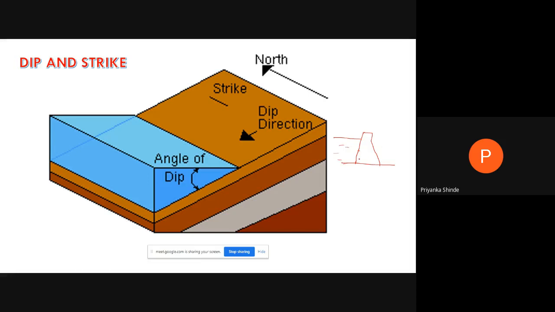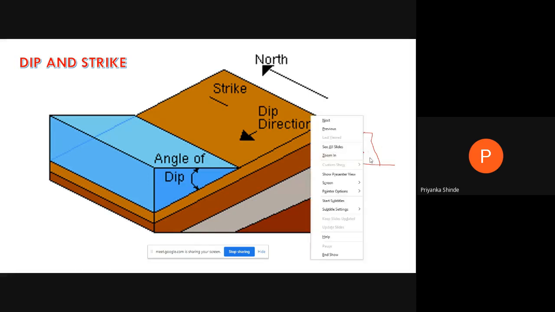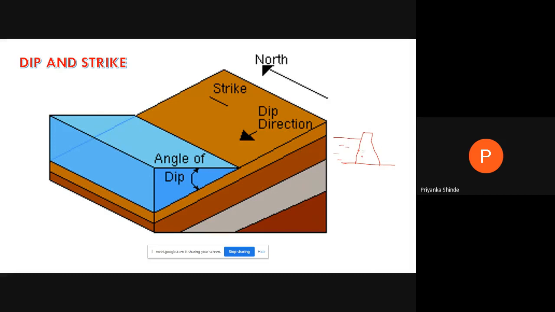The forces acting on the dam are the self weight of the dam, acting in the downward direction, and the weight of the reservoir water. This R is the resultant of these two forces. Now suppose the beds are dipping towards the upstream side, then what will happen?